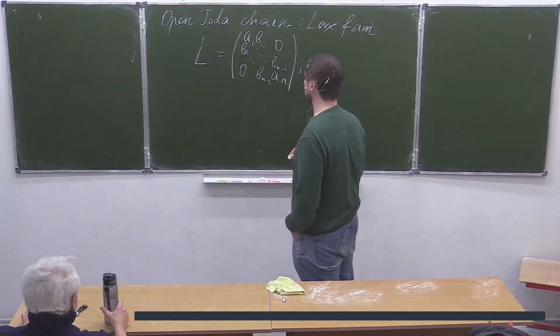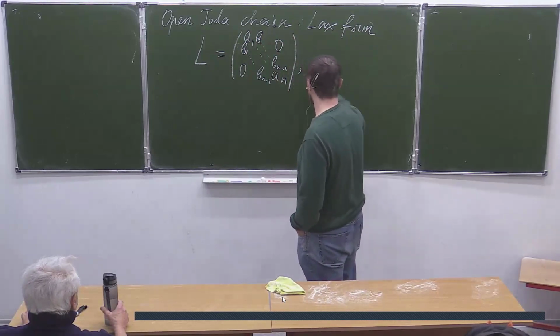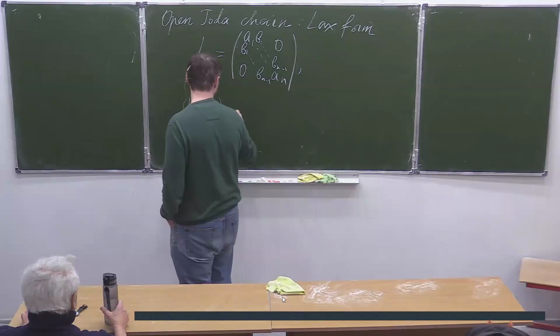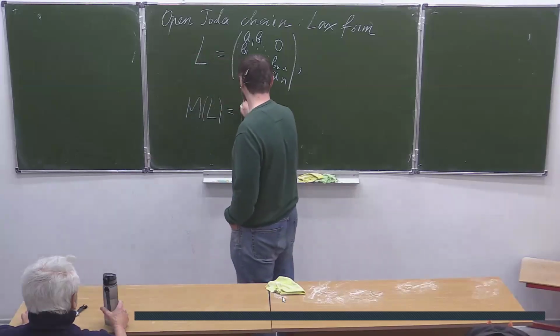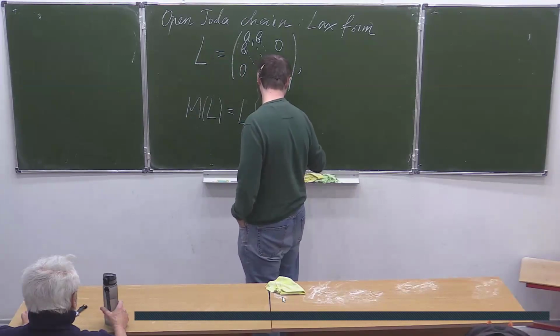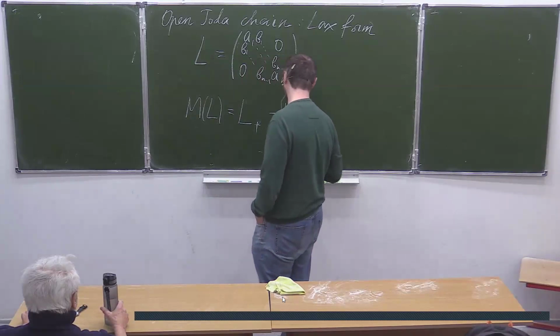Then we introduce its naive anti-symmetrisation, M of L, which consists of taking the upper triangular part of L and subtracting the lower triangular part of L, N plus and N minus.